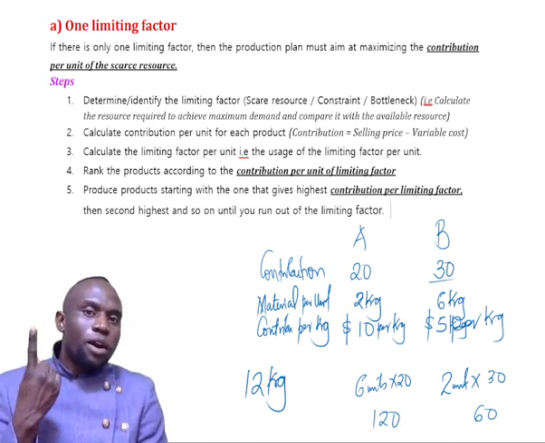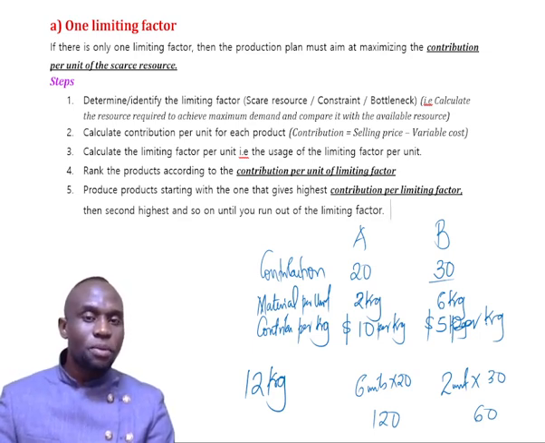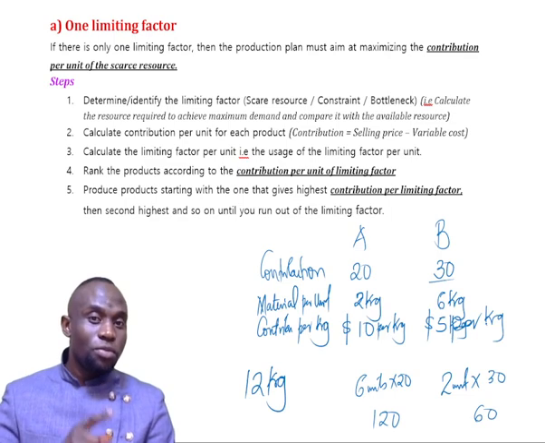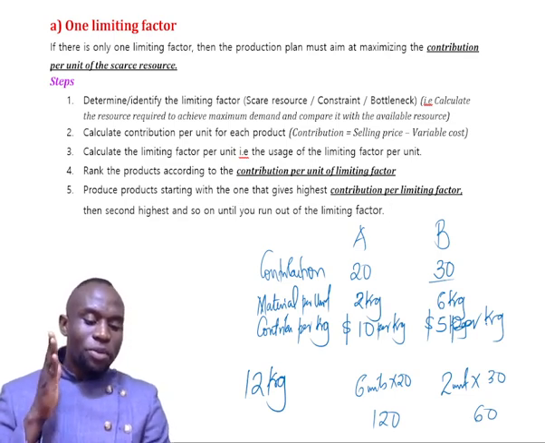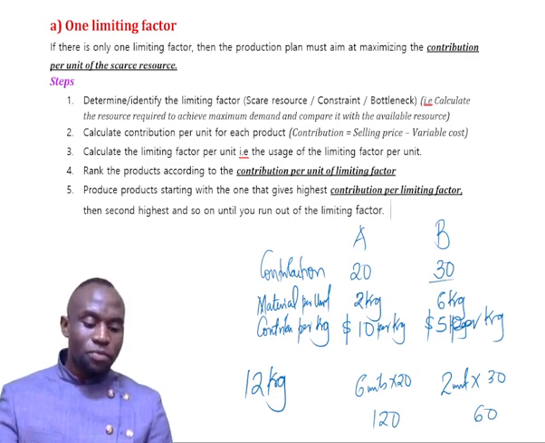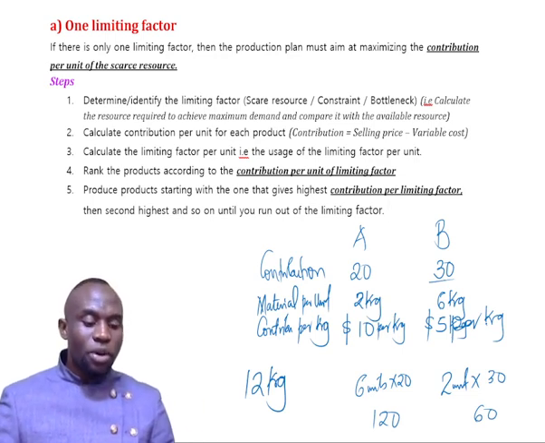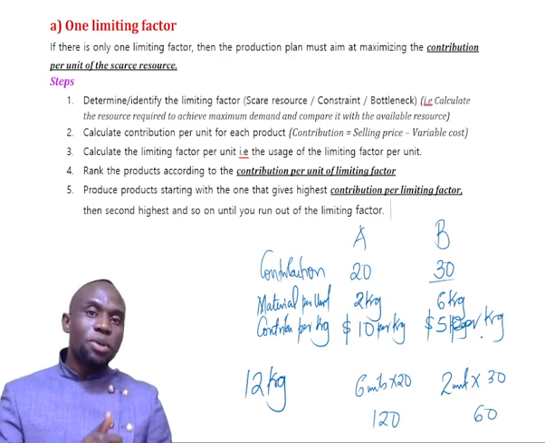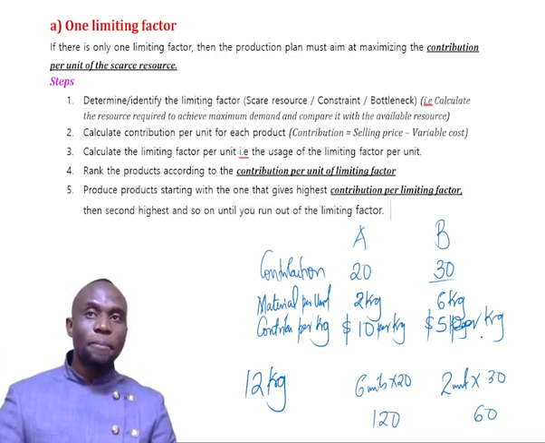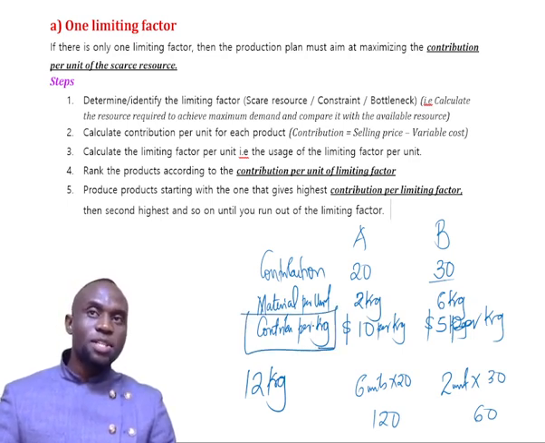If you have only 1 kilogram, what is the most efficient use? When you use it to produce product A, you're earning a contribution of $10. But if you use it for product B, you can only get $5. So the most efficient use would be to use it for product A. That is why we calculate contribution per usage of the scarce resource.